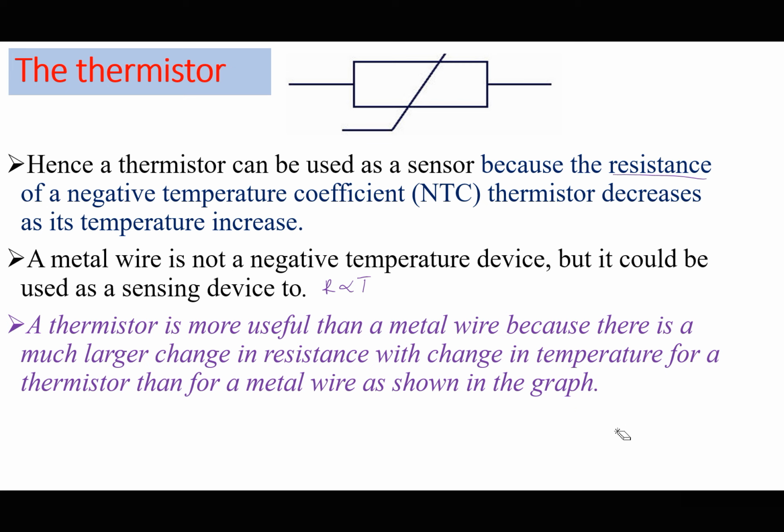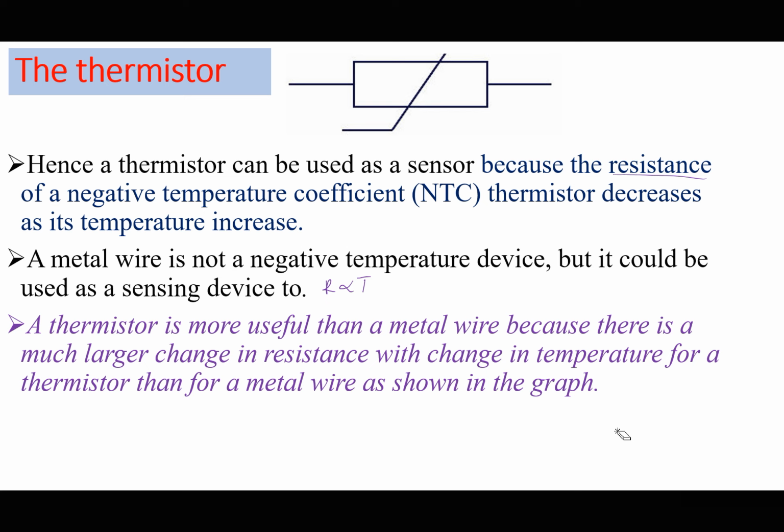Therefore, a thermistor may give a more precise value for change in temperature as compared to that of a metal wire. So a thermistor is more useful than a metal wire because there is a much larger change in resistance with the change in temperature for a thermistor than for a metal wire, as we have seen from the graph.